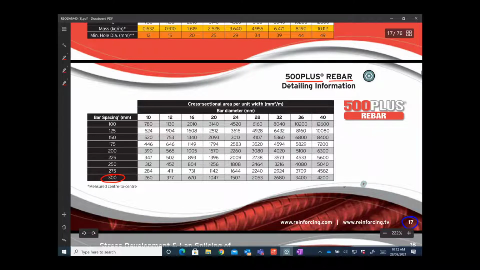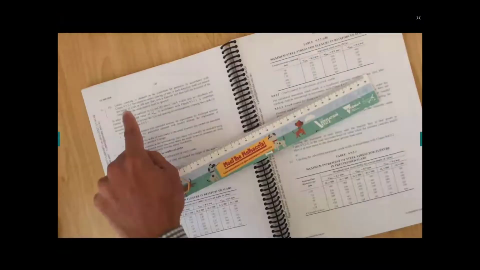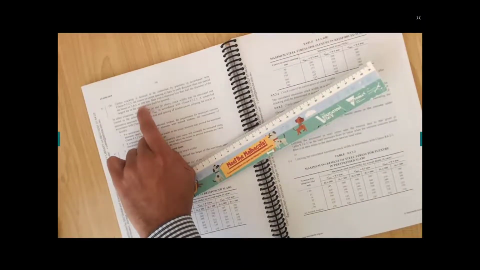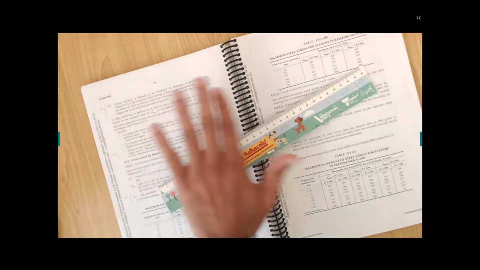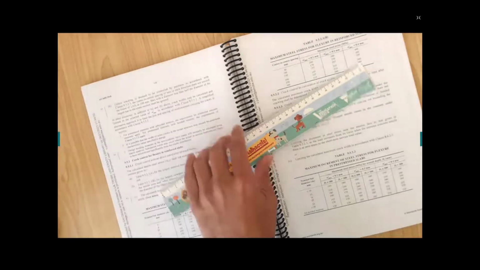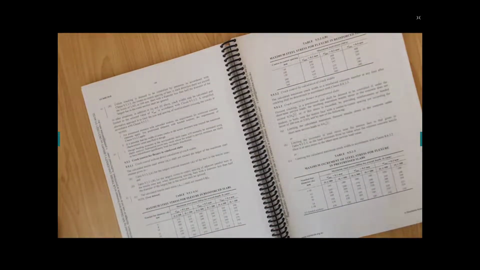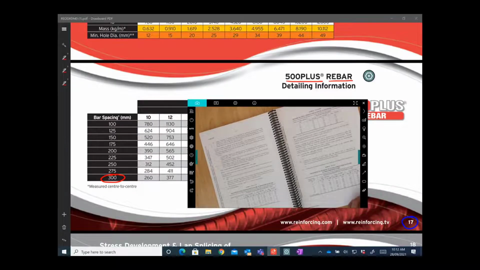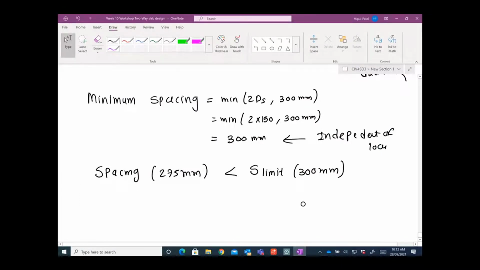They will not tell you why, but there is a reason. The standard is stopping them from producing more than 300 millimeters in the factory. If someone produced more than 300 millimeters, no one would buy it, because who is going to go against the standards? If something goes wrong, we are in trouble. So I hope you understand that 300 millimeters is a hard line: you never ever design rebar spacing of more than 300 millimeters.